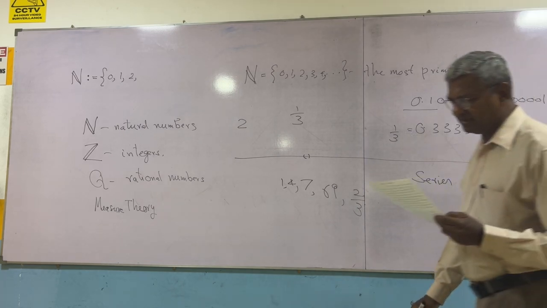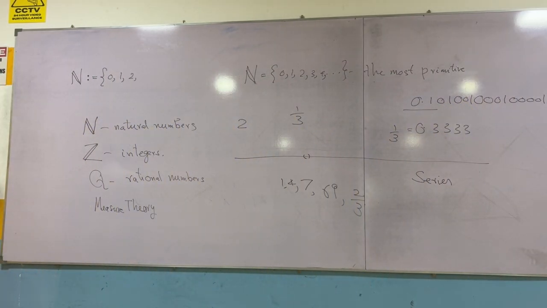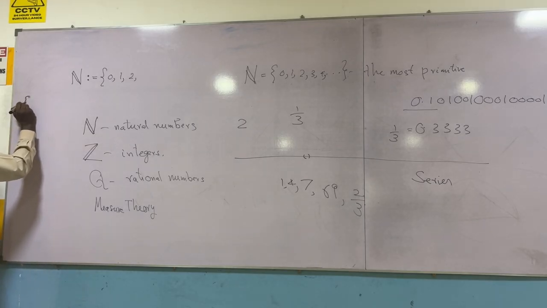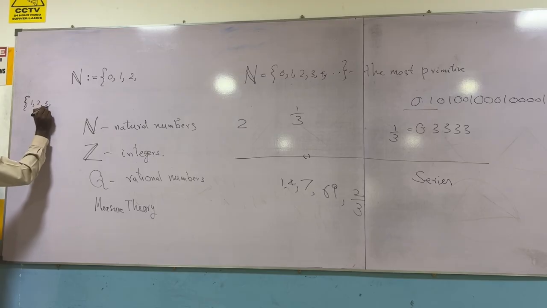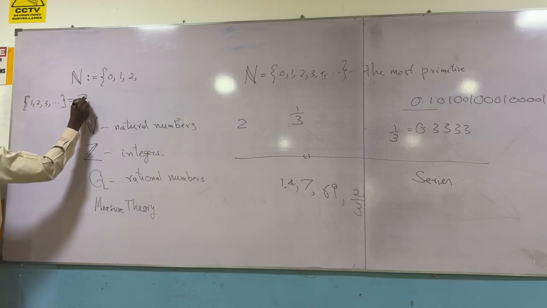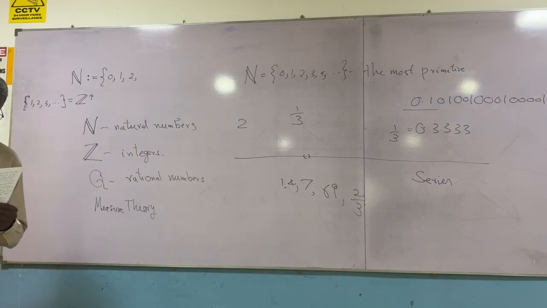Remark, in some texts natural numbers start at 1 instead of 0, I told you that. But this is a matter of notational convention more than anything else. In this course, we shall refer to the set 1, 2, 3 as Z plus in this book, rather than the natural numbers.